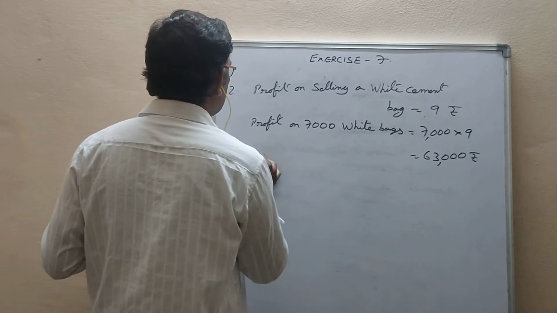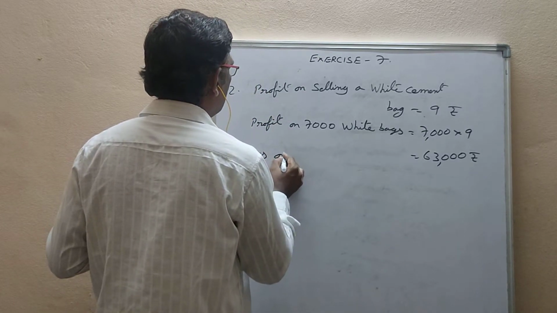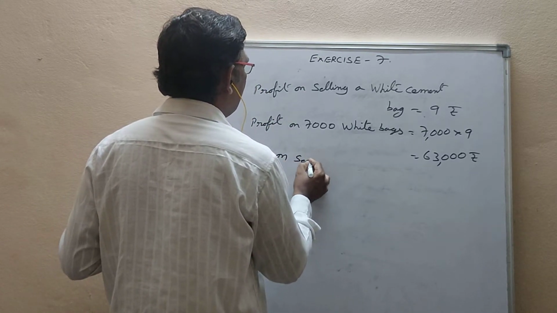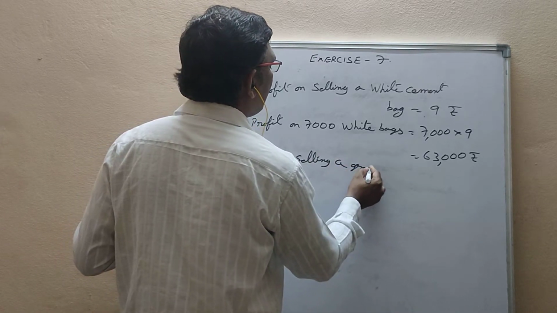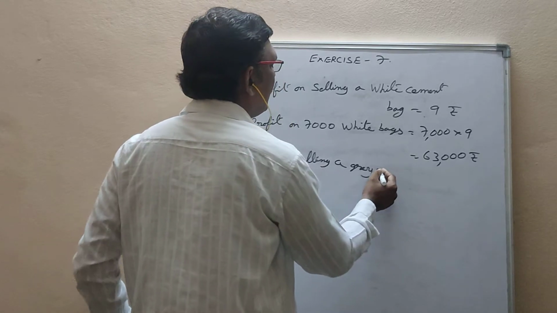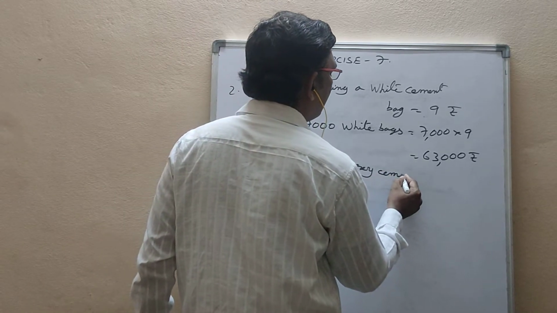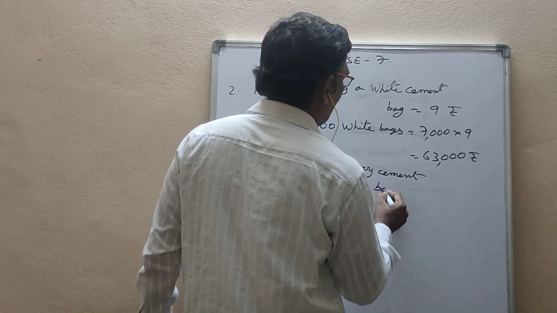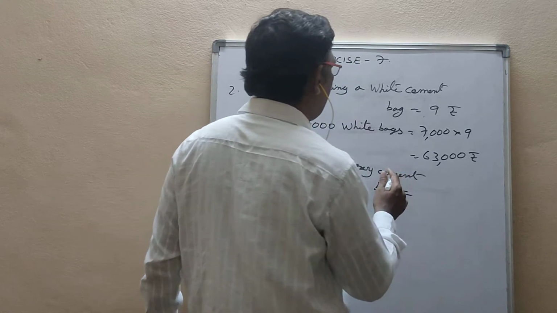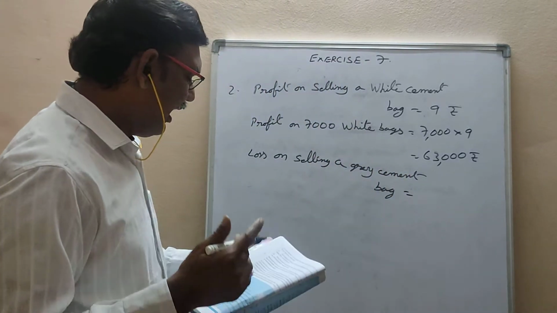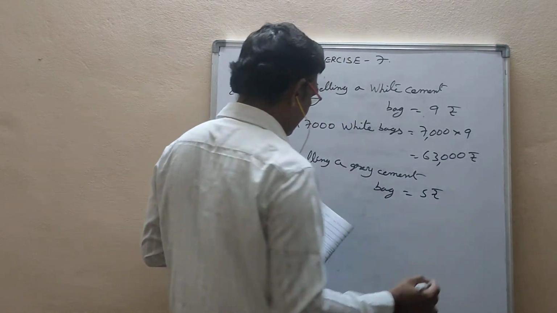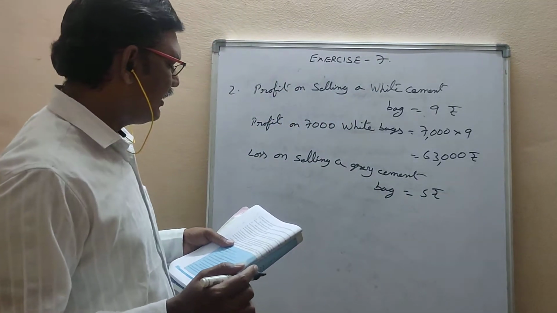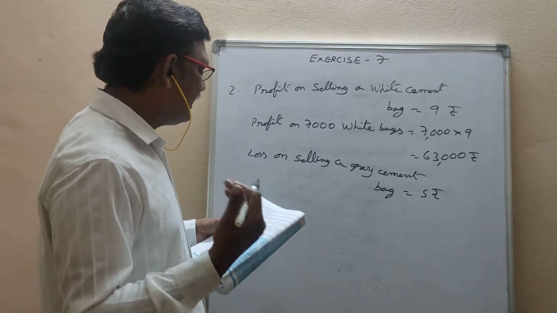So the loss on selling a grey color cement bag. One grey color cement bag, if he sold, how much loss will he get? 5 rupees loss he will get. Like that. How many bags did he sell?